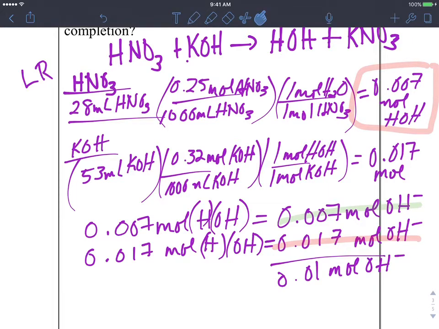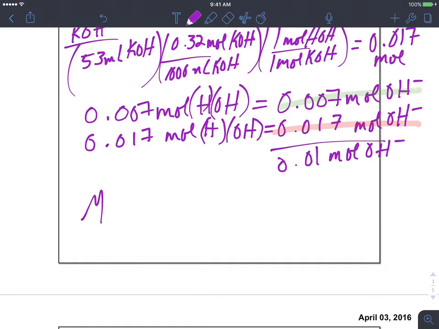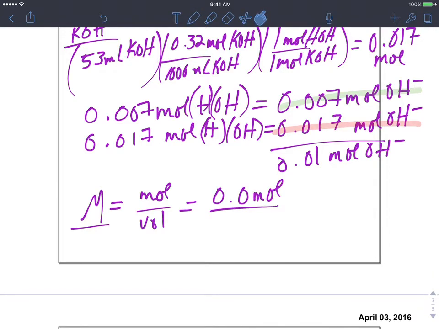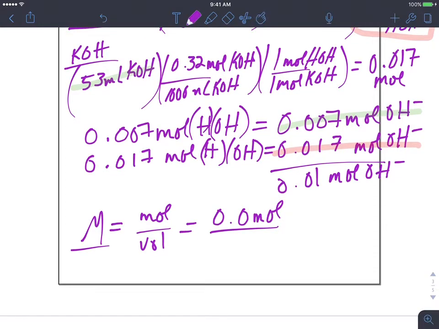That tells us moles, but it doesn't tell us concentration. Remember that concentration, or molarity, is moles over volume. We have 0.01 moles, but what is our volume? We mixed 28 milliliters of HNO3 and 53 milliliters of KOH together, so we mixed 81 milliliters. We want liters, so we need to convert that.